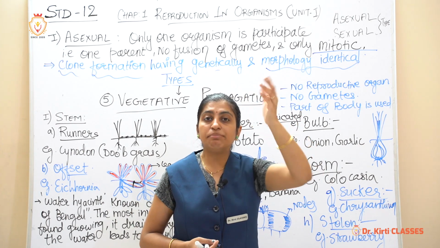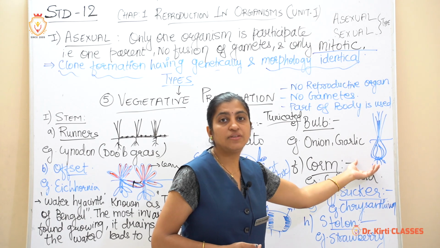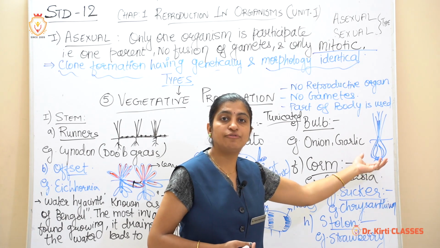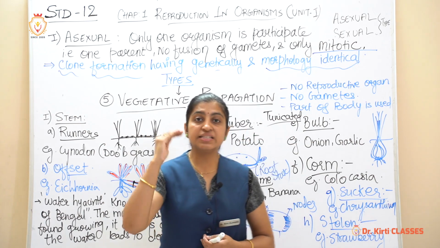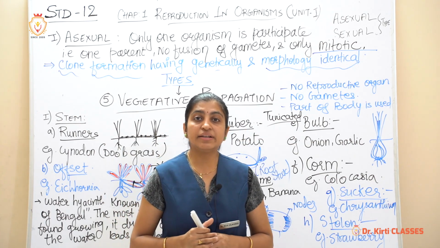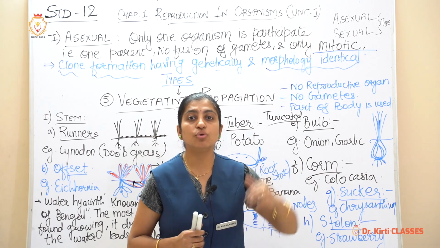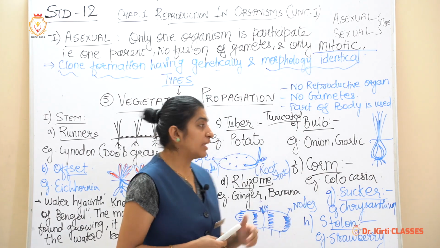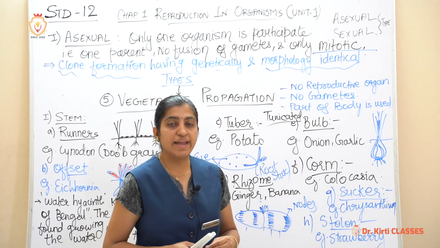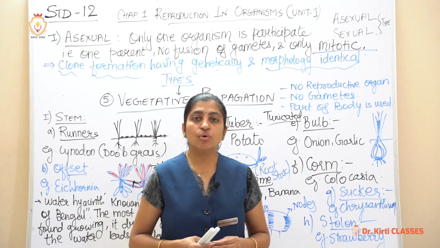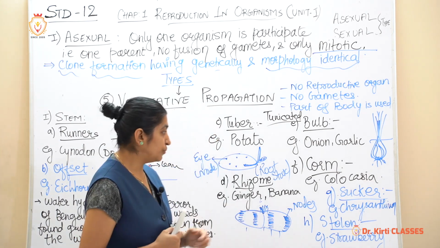After development, the food gets stored in the form of fleshy layers. So the leaves are helpful for the storage of food, plus the stem which has a node lies under the ground. During favorable conditions, it again grows a new plant. So the bulb is also helpful for the formation of a new plant. Examples are onion and garlic.